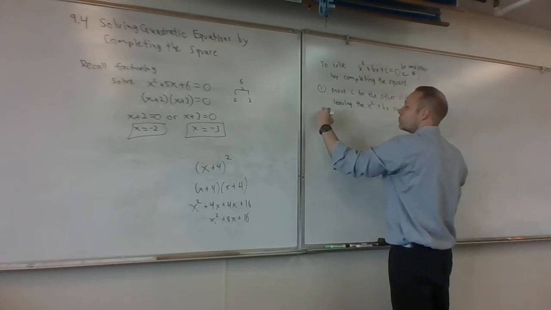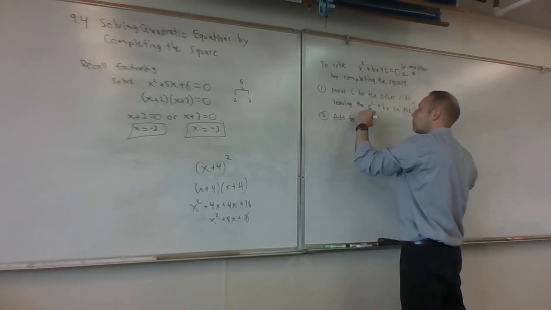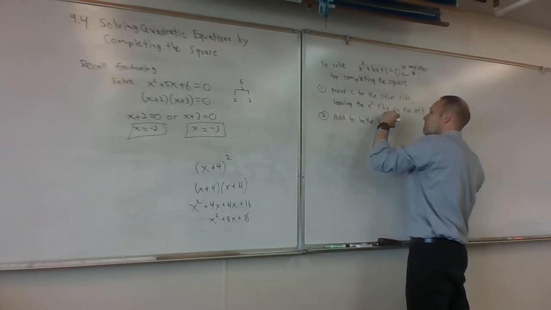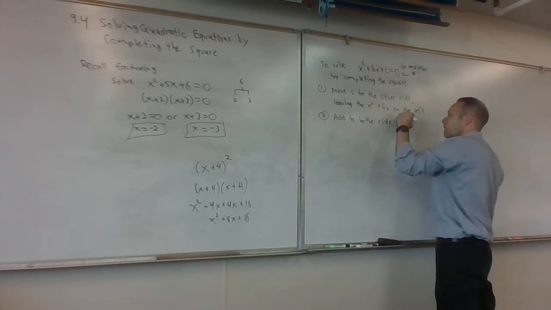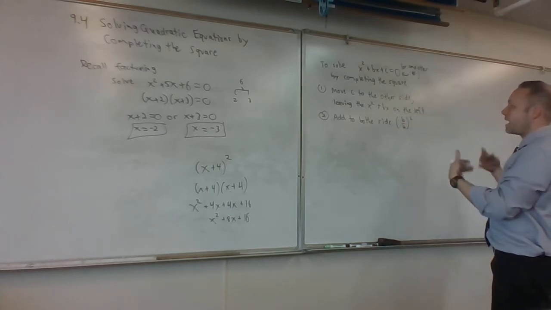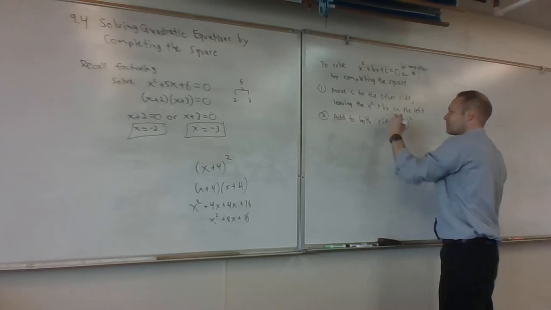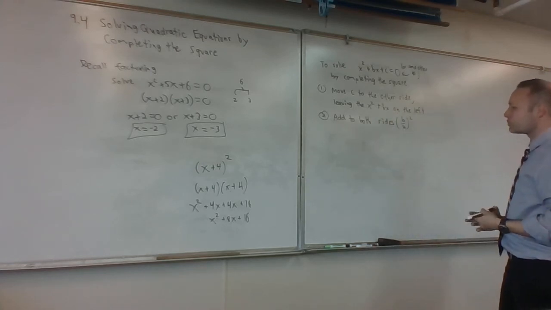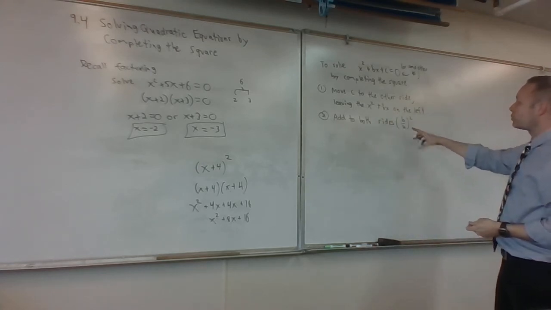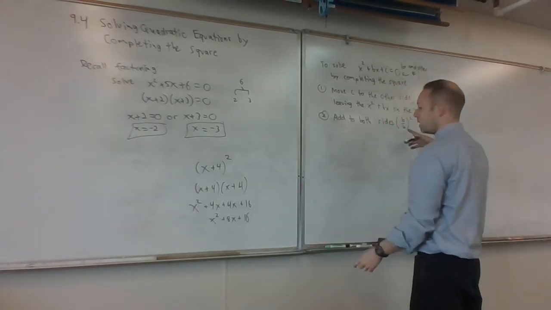Step 2: add b over 2 squared to both sides. What we're doing is creating the right pattern to have a perfect square.